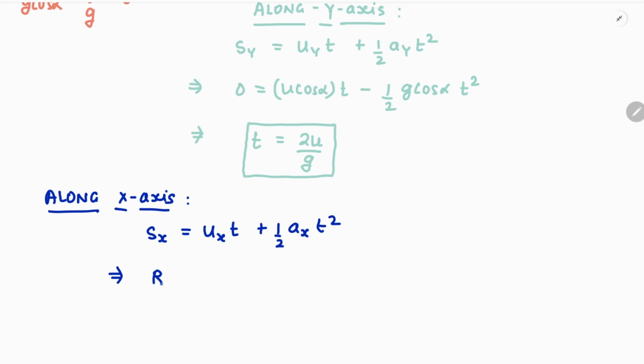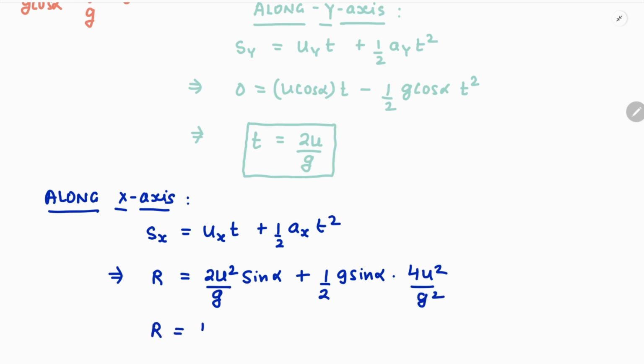So since we are solving for range, r equals 2u square by g sin alpha plus half of g sin alpha and then t square, that is 4u square by g square, and over here we obtain 4u square sin alpha by g.